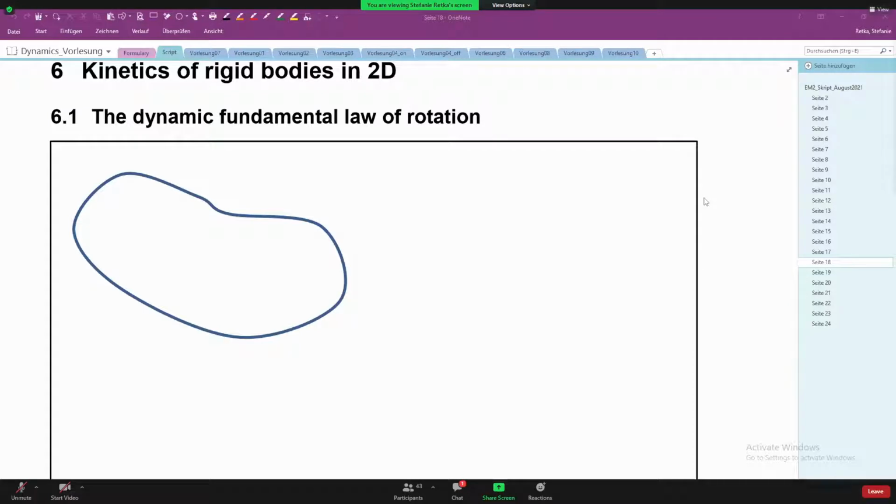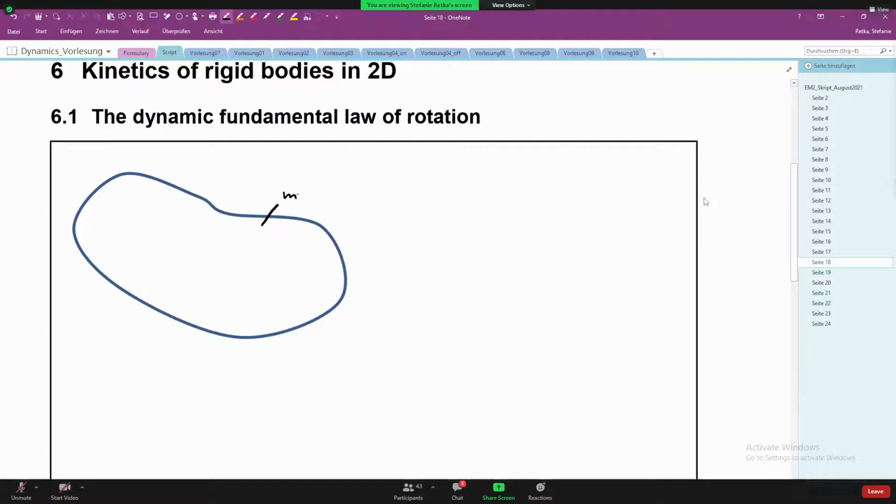Okay, let's have a look at chapter 6.1, dynamic fundamental law of rotation. So this blue line stands for an arbitrary rigid body with a certain mass.